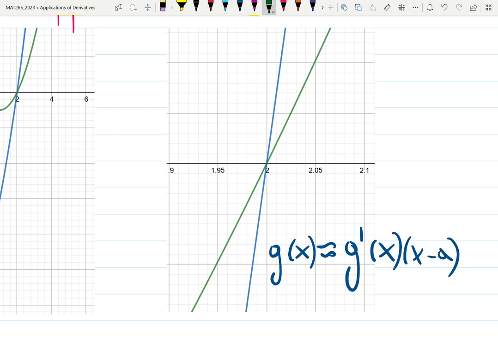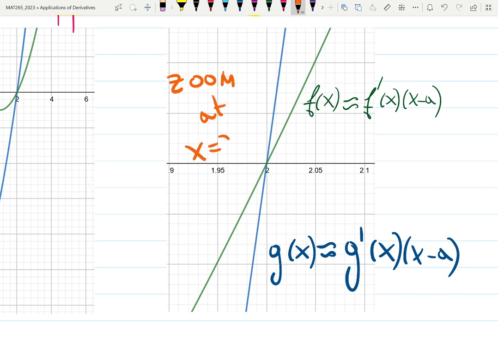And then the green function f of x can be approximated with the derivative times x minus a. We're zooming in at 2. Zoom at x equals 2. Thus, it will be x minus 2 here, x minus 2 here. And we find the ratio of these two.